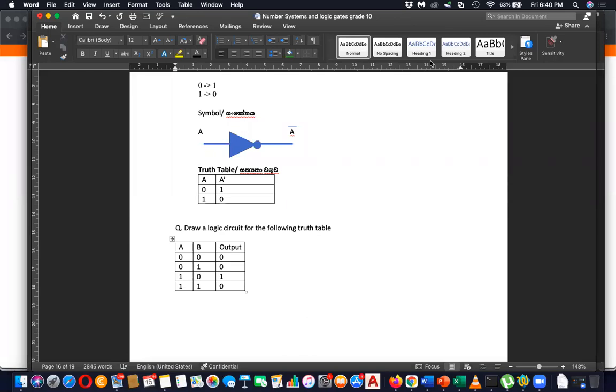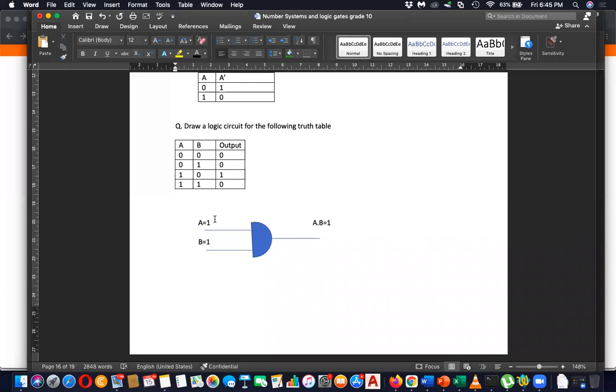Look, the usual method: if an AND gate was there, if A and B both are 1 then A AND B will be 1. That is the logic of the AND gate. But here you have something different. A is 1, okay, but B is 0 and you expect 1 here. How to get 1? The AND gate needs 1 here and 1 here, that is the requirement.